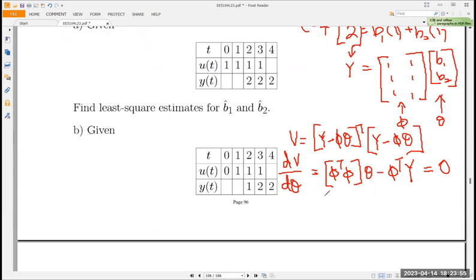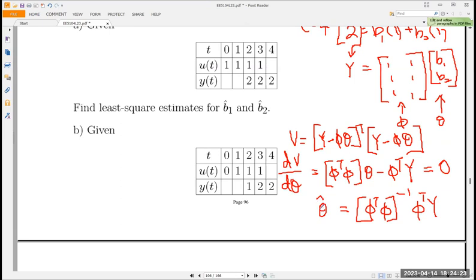All right. And when you solve this, you will get your theta hat, which equals phi transpose phi inverse, phi transpose y. So these are the important equations. Now you know what is phi, what is theta.